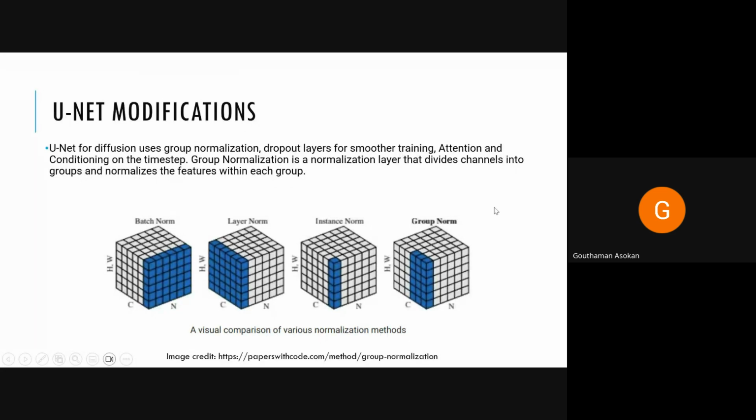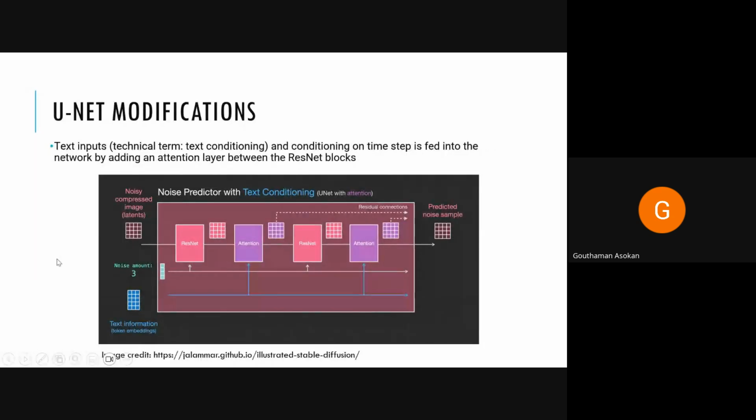The other important thing is attention and conditioning on the time step. Here you can see how the modification is done. So what is the time step? They add the noise iteratively, right? Let's take the first step as 1, the second as 2, 3.